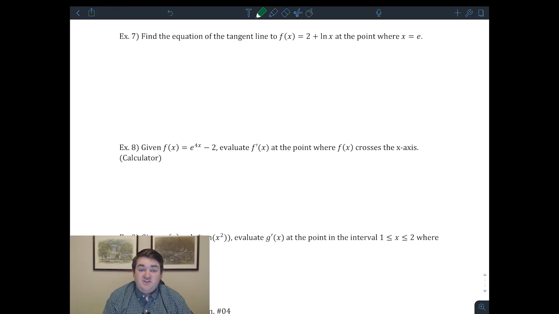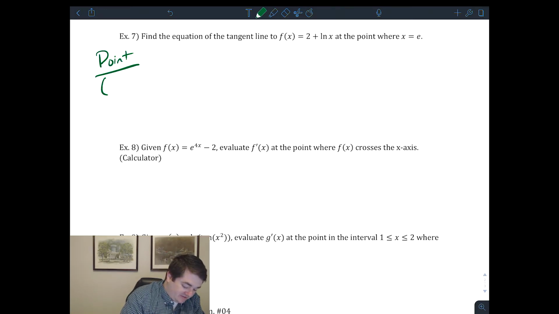Example 7, find the equation of the tangent line, boom, point and slope, to f of x equals 2 plus ln x at the point where x is e. So to find my point, I'm going to take my x value, e, and plug it into my equation. 2 plus ln e is 3. 2 plus 1 is 3. And my slope. To find my slope at this point, I'm going to need my derivative.